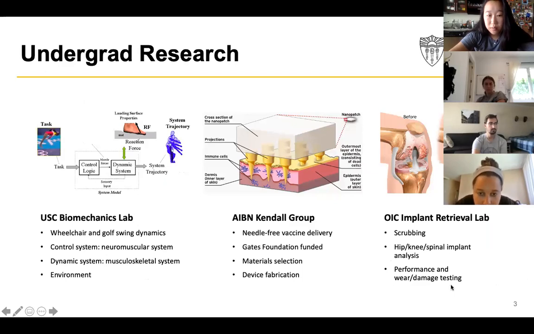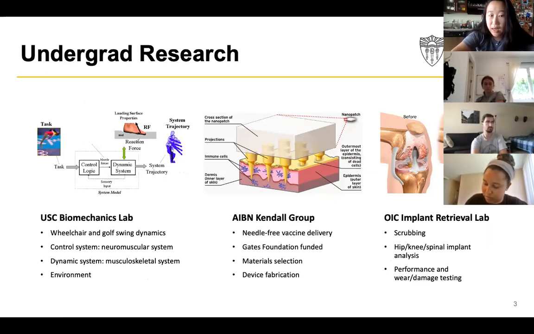So freshman and sophomore year, I was able to join the USC Biomechanics lab. That's actually not even in the engineering school because it's mostly biology and biomechanics based, but they use a lot of systems that engineers use as well. I was able to join their wheelchair team as well as the golf swing dynamics team.